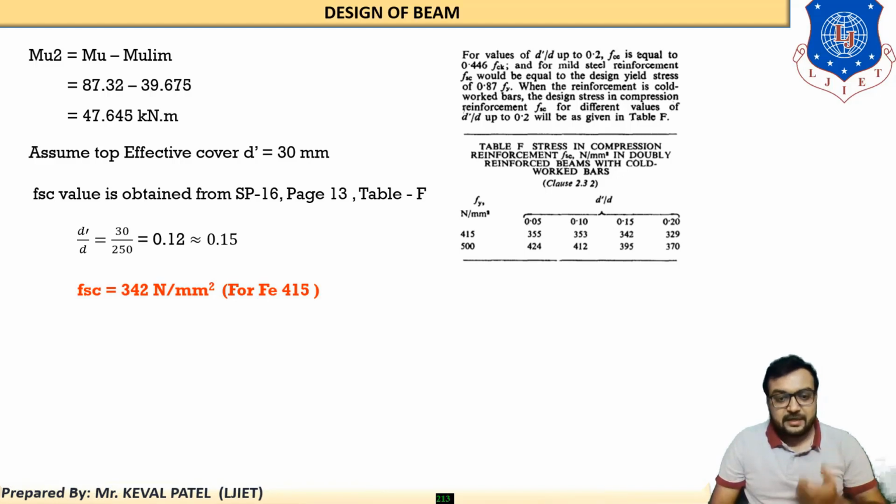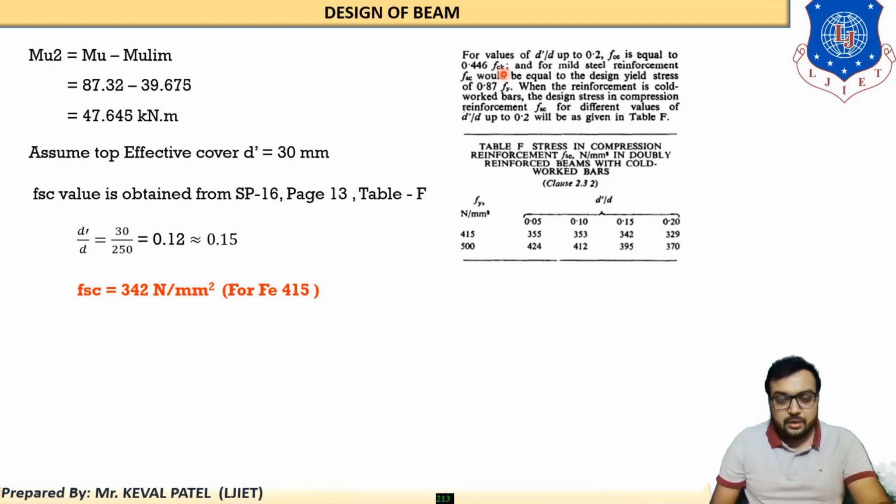Now our second value is fcc. You can see that fcc is equal to 0.446 fck.